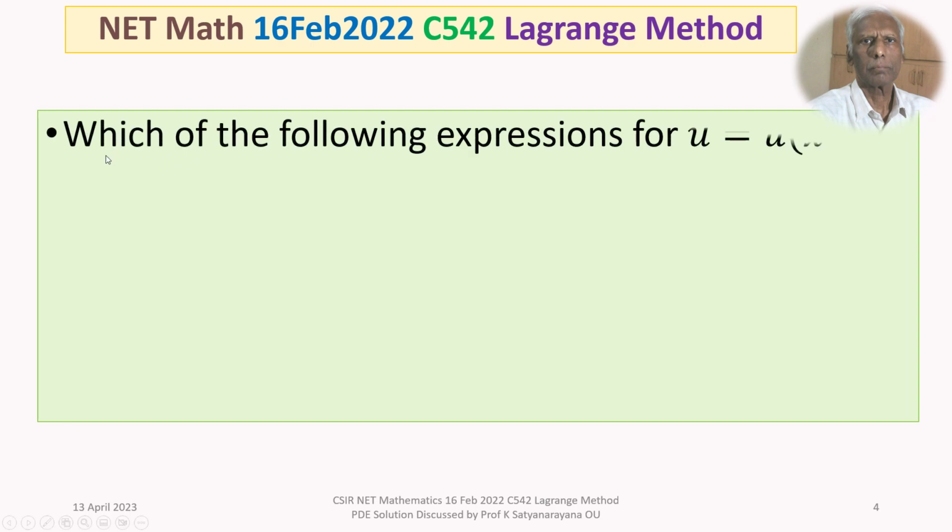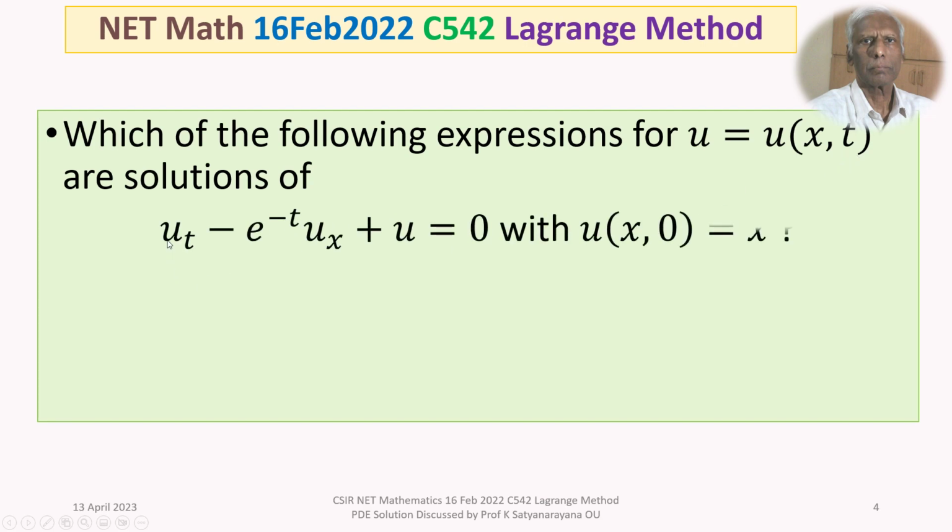The given question is, which of the following expressions for u equal to u of x comma t are solutions of u t minus e power minus t u suffix x plus u is equal to 0 with u at x comma 0 is equal to x.